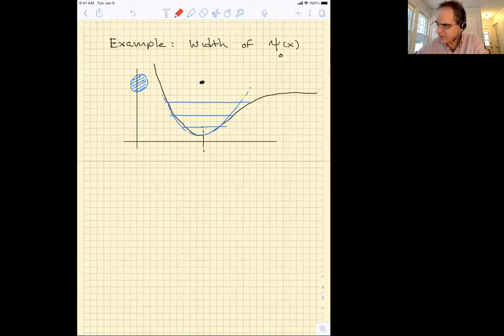So the shape of the lowest energy state, that wave function we know looks like that. Just going to shade it in to make it a little more visible in my drawing here. There we go. And it has a Gaussian profile.